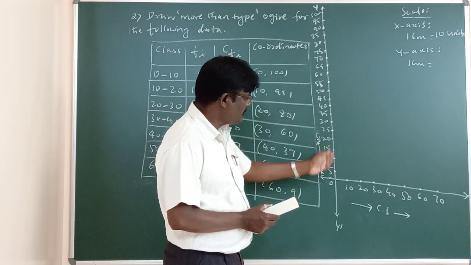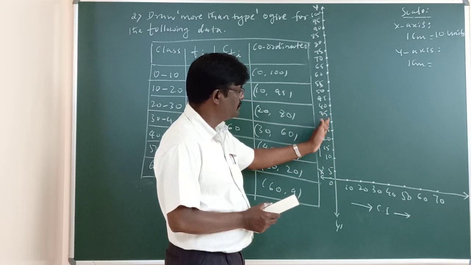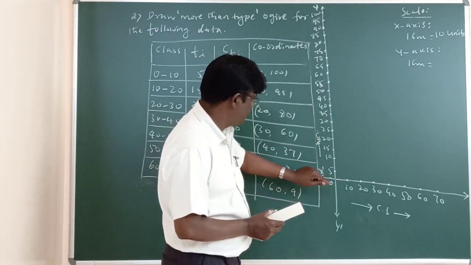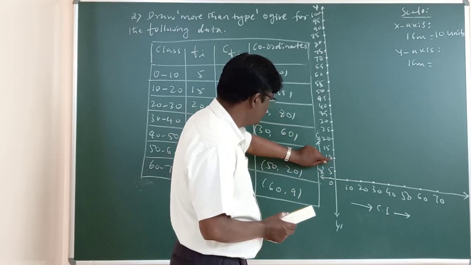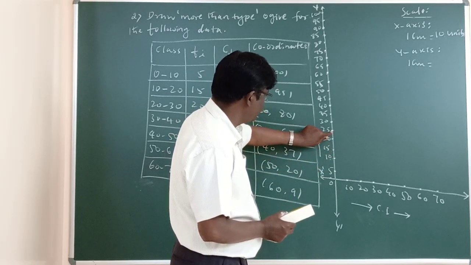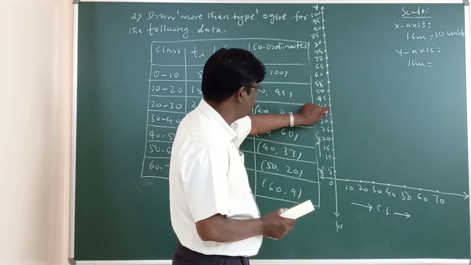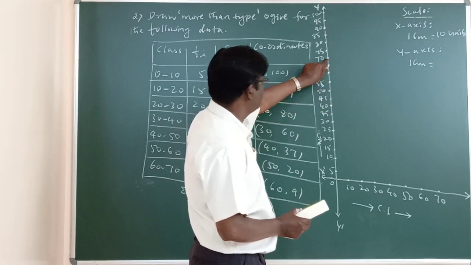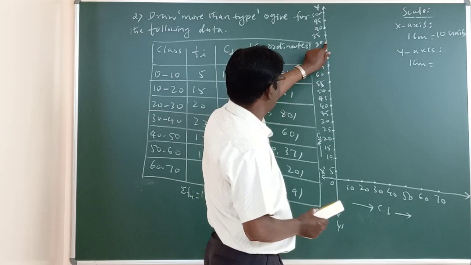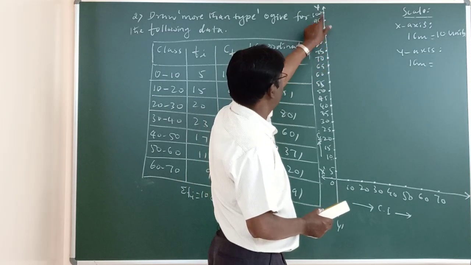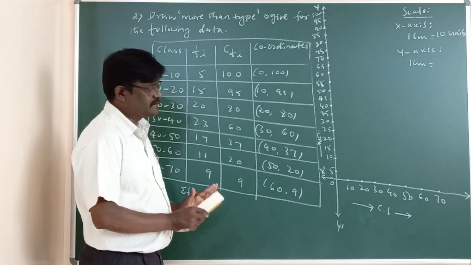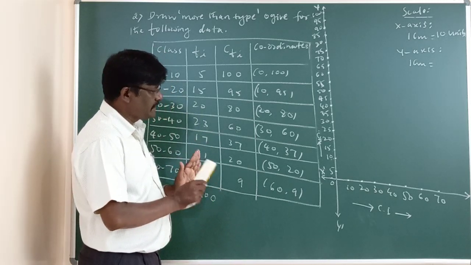That's why after marking, check it 2 to 3 times. Okay children, once again 5, 10, 15, up to 100. So now markings are finished and correct.